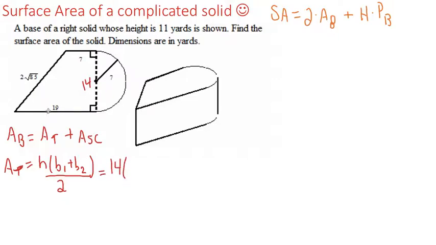And then the sum of the bases, the first base is 19, the second base is 7, and then I divide everything by 2. So I can add 19 plus 7, I would get 26. And then the 14 and 2 I can cancel here and make this a 7. So I have really 7 times 26, which is 182.